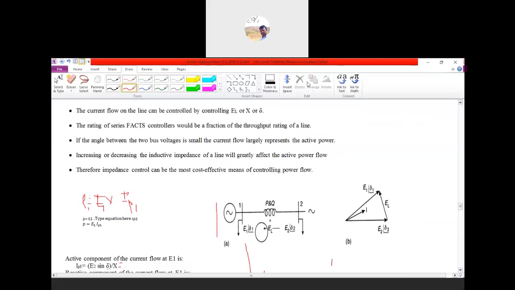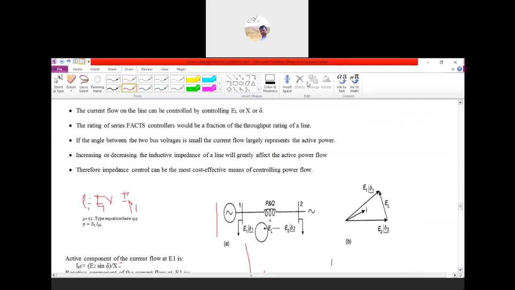The delta angle should be within the limit of 90 degrees. If you go above 90 degrees, the power flow will be decreased.